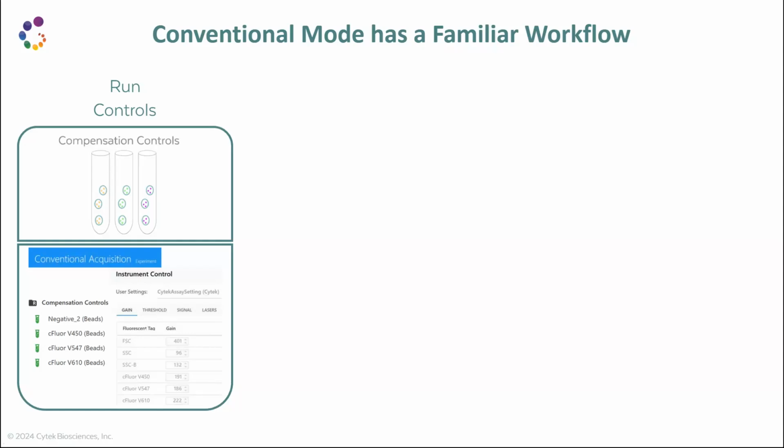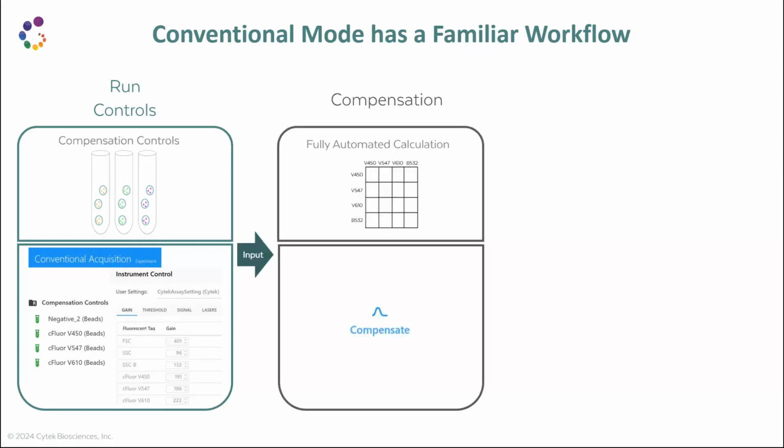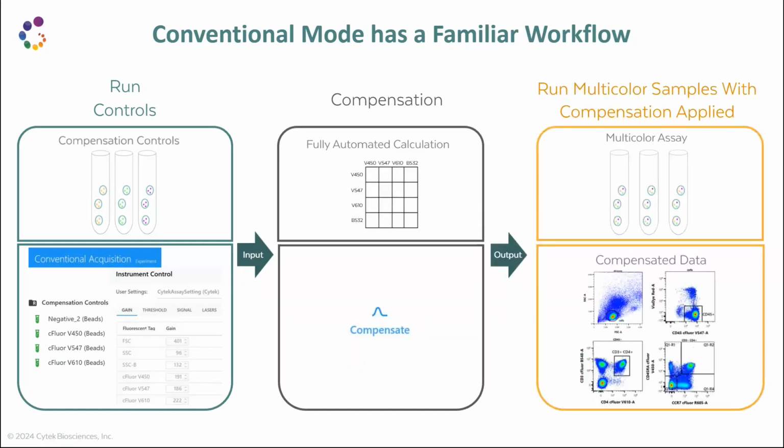Big difference: if you look at the instrument control tab displayed there, instead of looking at all the fluorescence detectors and all the gains, and needing to adjust all of them, you will go only to the fluorochromes of interest, 2, 3, or 4, depending on what you set up in your experiment. From there, click on compensation. The calculation is going to be fully automated. And from there, you can start running your samples.